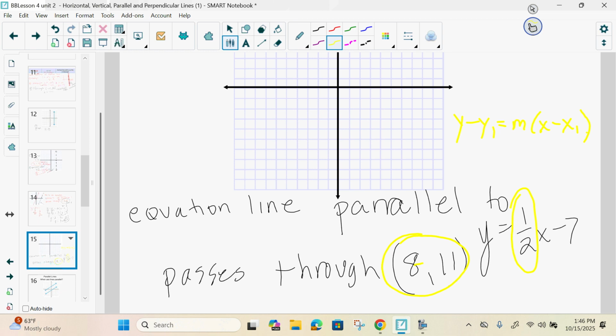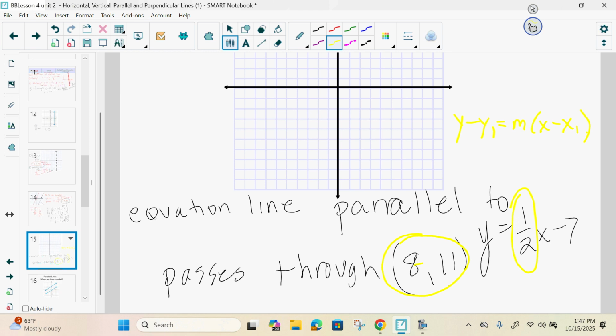Well, no, it's (8, 11), so (8, 11) is right here. So what you want to do is say, okay, I have this point. What's my slope? Now we're going to go y minus y1 is m times x minus x1.